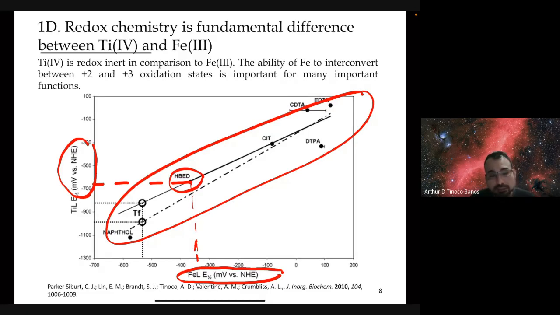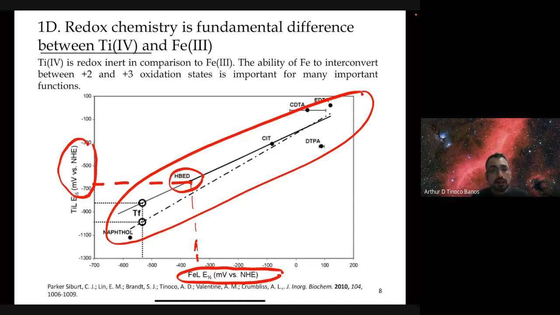So what does that mean? Typically, many of the titanium versions of these compounds will fall at too negative a reduction potential, so the titanium 4 will remain as titanium 4, versus the iron 3, which has a higher reduction potential. Generally speaking, many of these iron compounds will have a reduction potential that will facilitate the ability of the iron 3 to be reduced to iron 2.